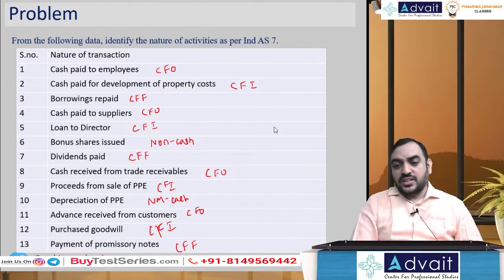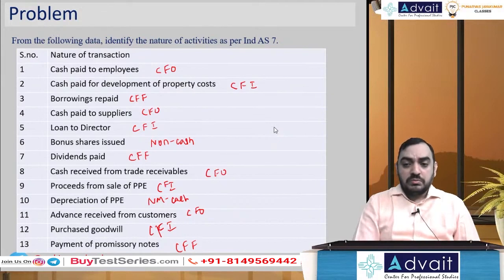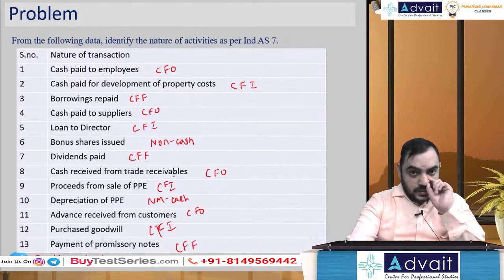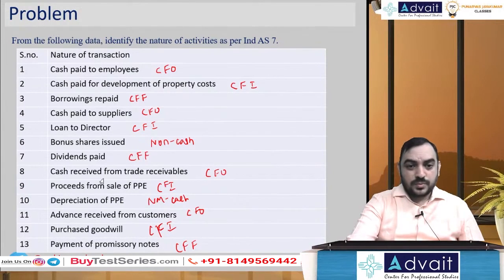How many days for consolidation? I really don't know. Let me take a look at it. If I want to complete it, Index 110 has some 30 problems. Index 111 has some 40 problems.